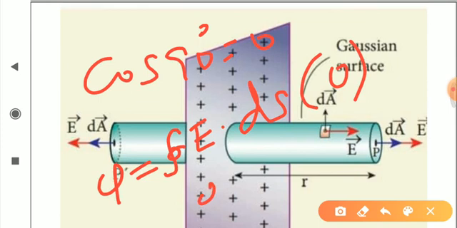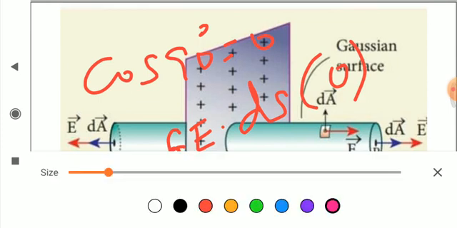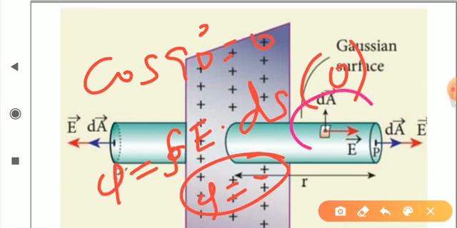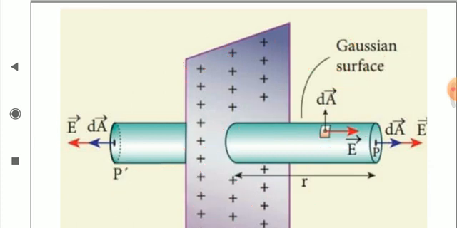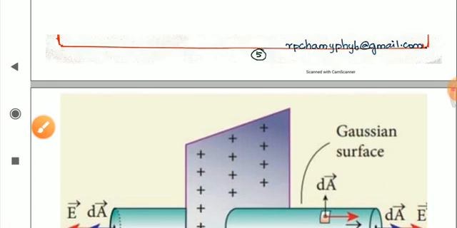So anything into 0 is equal to 0. So at this curved part, we know clearly the electric flux value phi is equal to 0. If there is no flux, what about the electric field? The electric field also will be equal to 0. Okay, if you understand the picture clearly, then you can derive all the equations in an easy manner.